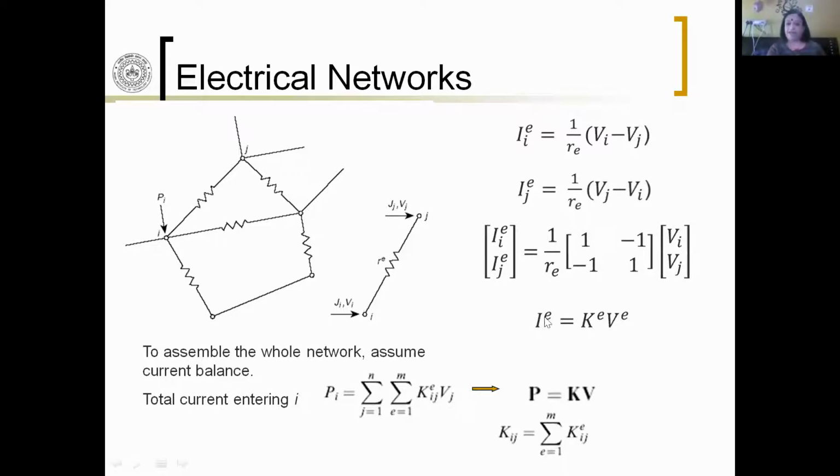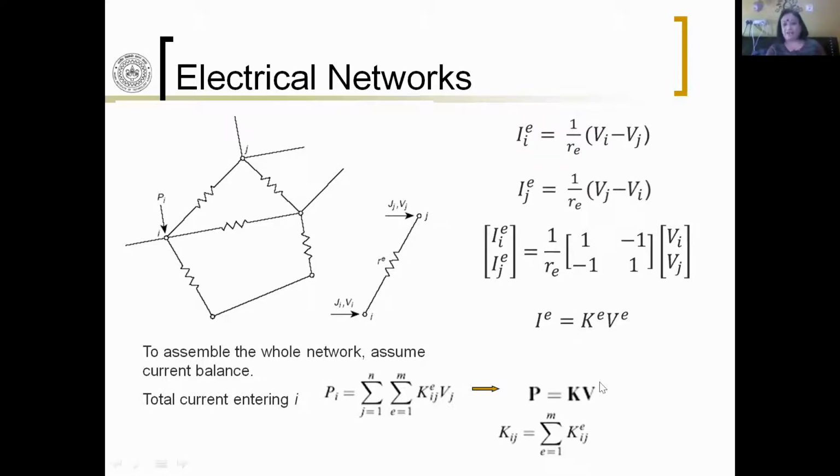Remember, everywhere I am using the subscript E, which means that I am not commenting about the current at node I or node J anywhere else except the part which is flowing in the Eth element. So IE is only that part of the current at I or J, or wherever, which is constrained in the branch E. And that is dependent on VE, the nodal voltage vector, which is again the voltages only at VI and VJ. Of course, the voltages cannot change no matter which element it belongs to.